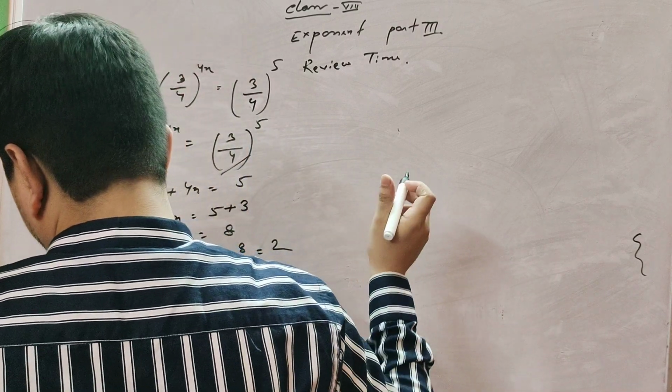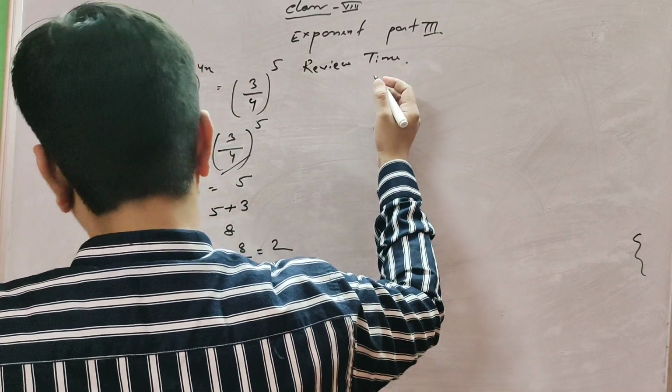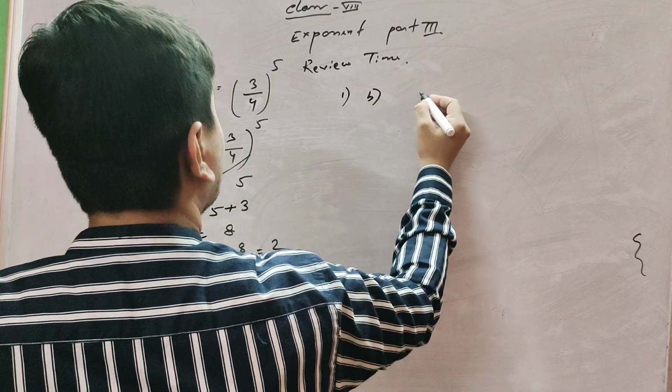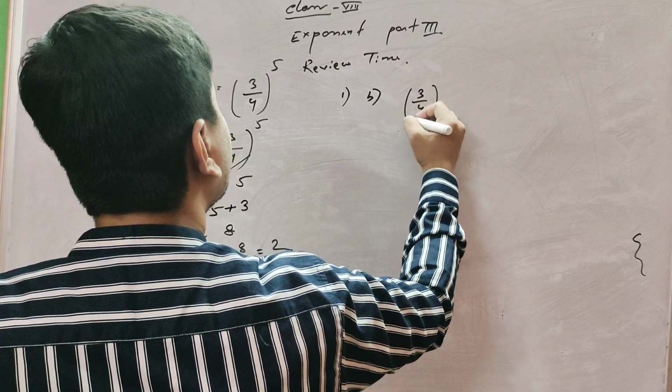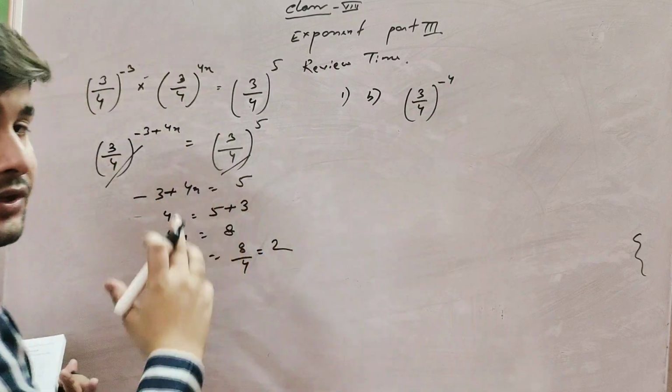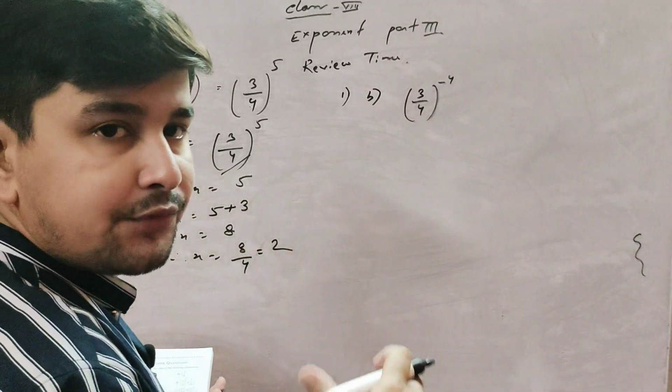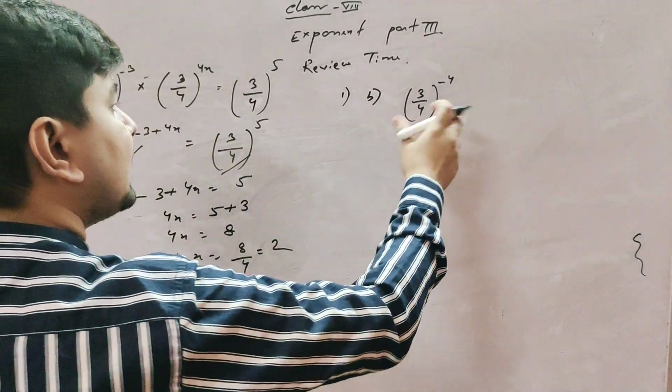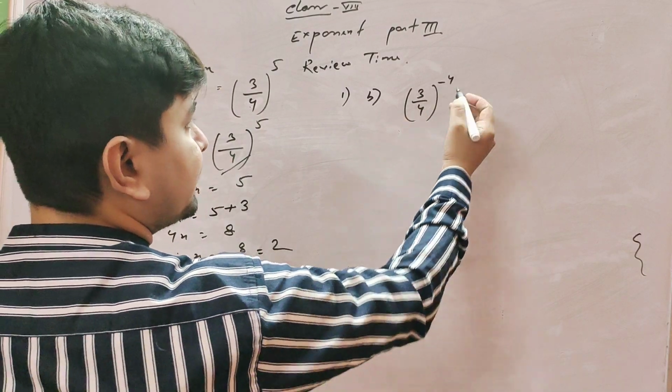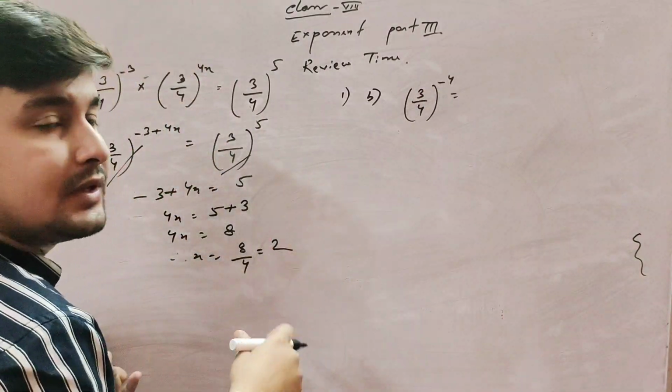Subjective questions. Question number 1b, given (3/4) to the power minus 4. This is a review, that means we revise all the portion we learned yesterday in the last class. So write the basic value of this exponent.